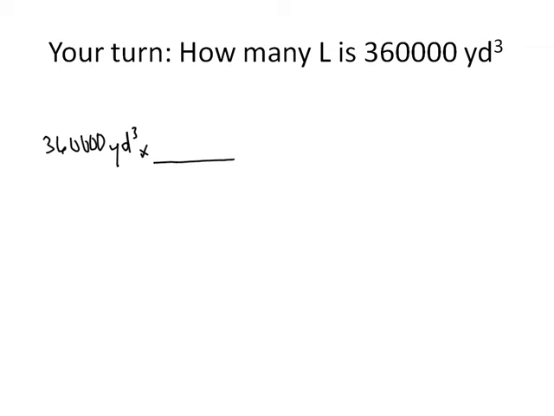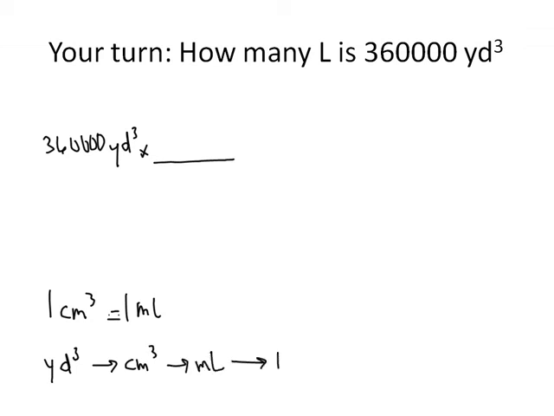Now, a really handy conversion to know here is that 1 centimeter cubed equals 1 milliliter. So that means my plan here is to get from yards cubed to centimeters cubed, because that will get me to milliliters. And if I get to milliliters, then I'm in the metric system, I can go to liters. So the question is, how do I get from cubic yards to cubic centimeters?